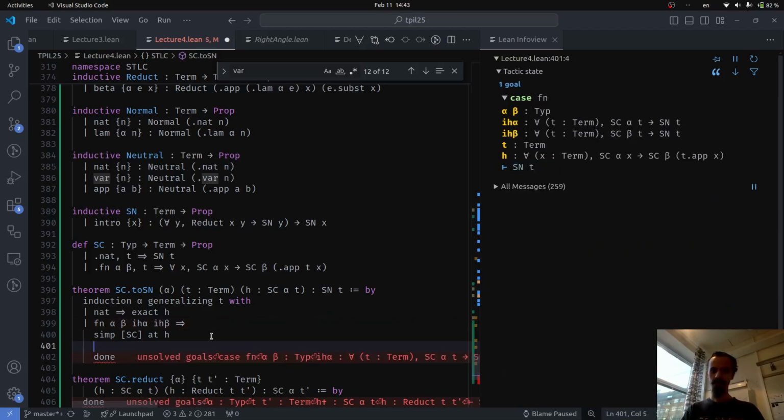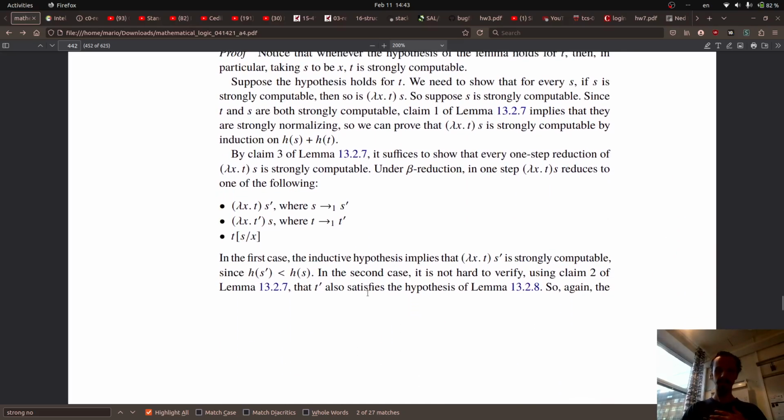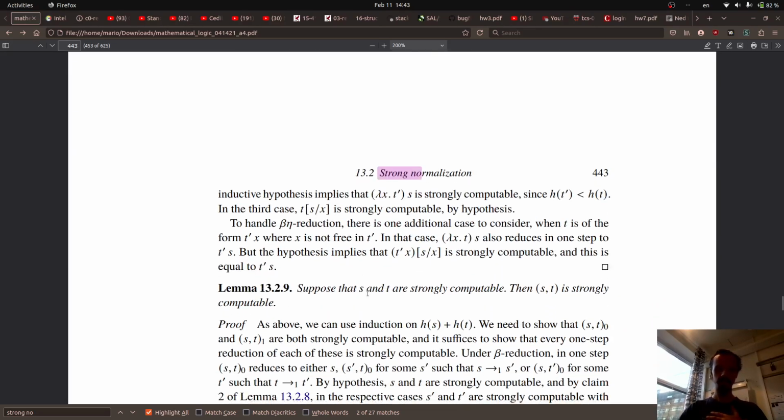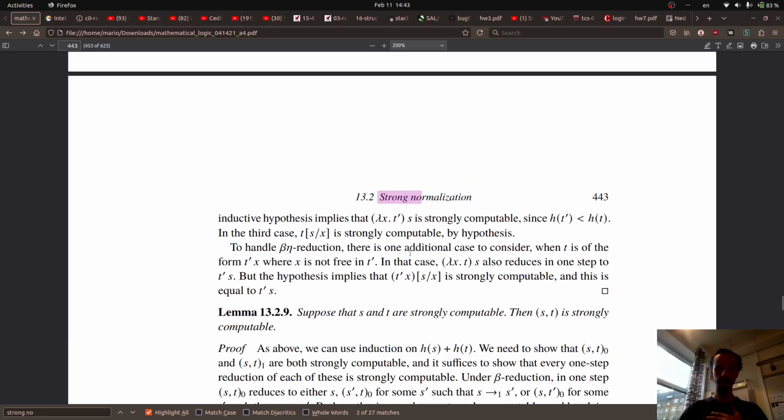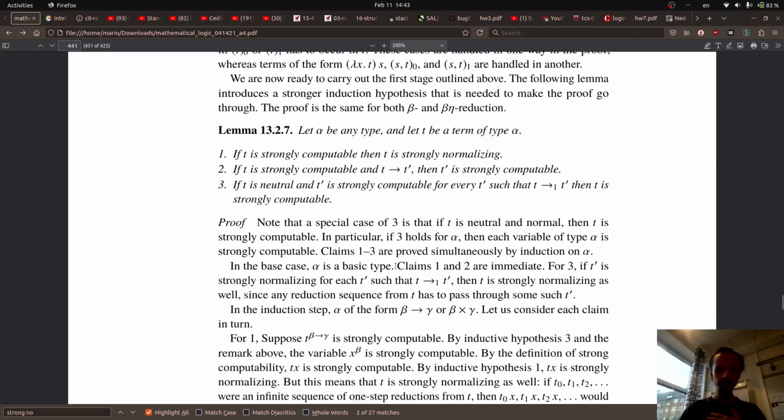what is it? So we want to prove that t is strongly normalizing, and I think that's not immediate. So let's double check what happens. Where's our lemma? Here it is.